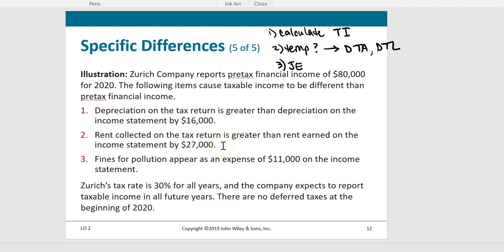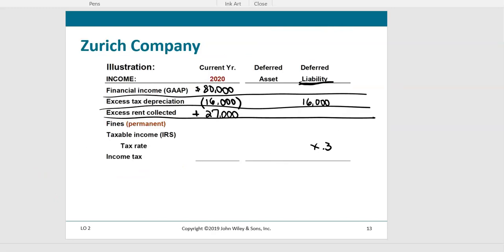This rent we're going to earn over time in the future. So right now our taxable income is $27,000 higher, but in the future our taxable income will be $27,000 lower, which means that we're going to have future tax savings. So we're going to record that as future tax savings.